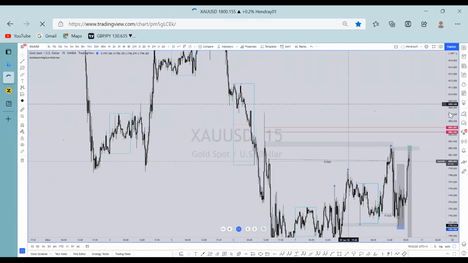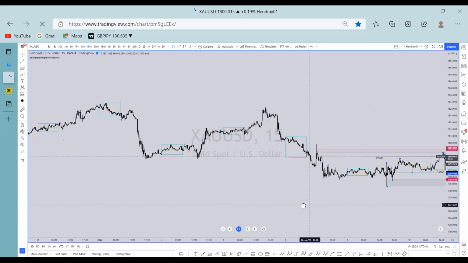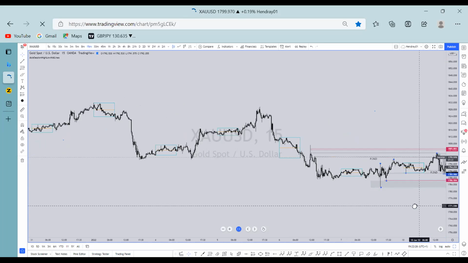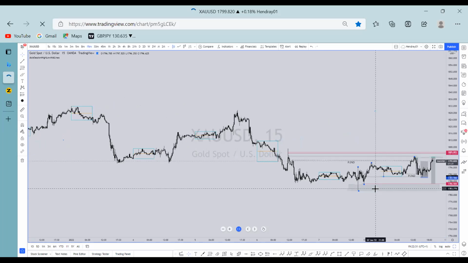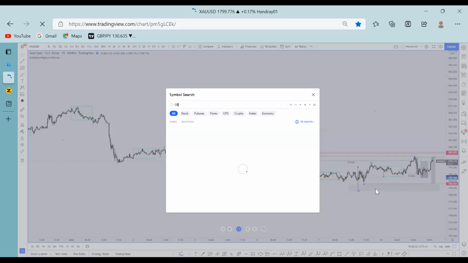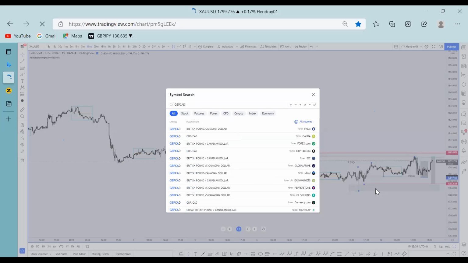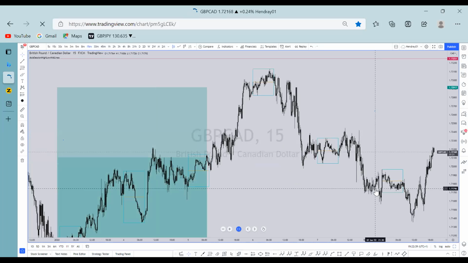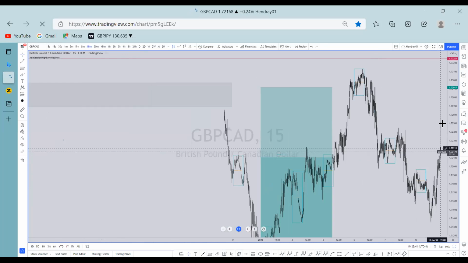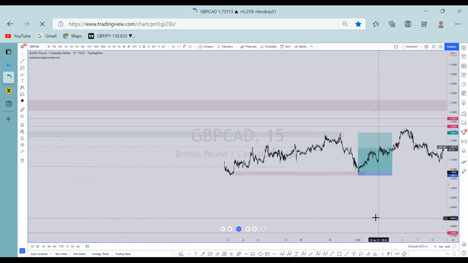So let's go to maybe a certain chart. Any chart, maybe GBV card. Then let's start from, let's say, weekly time frame.